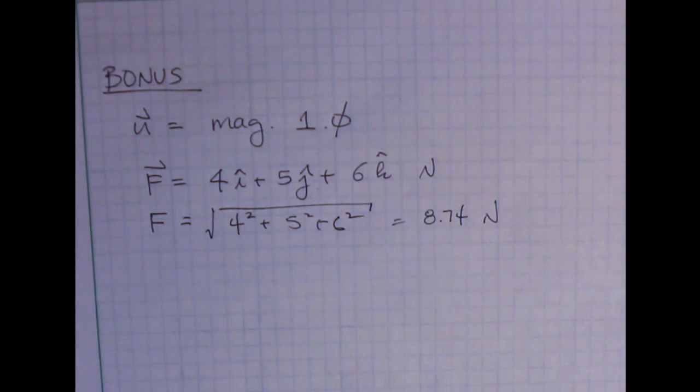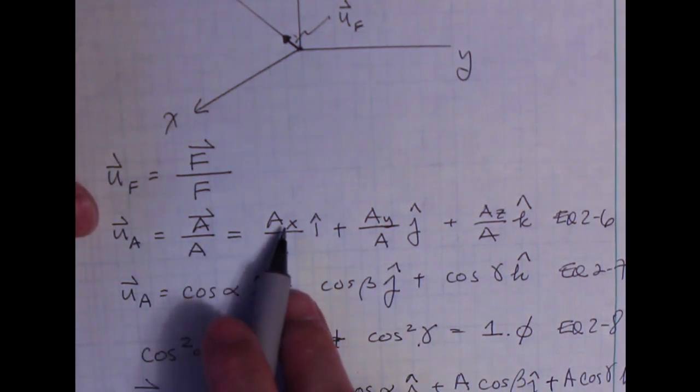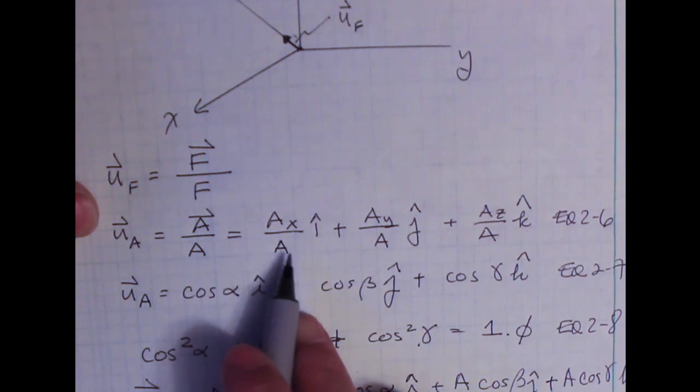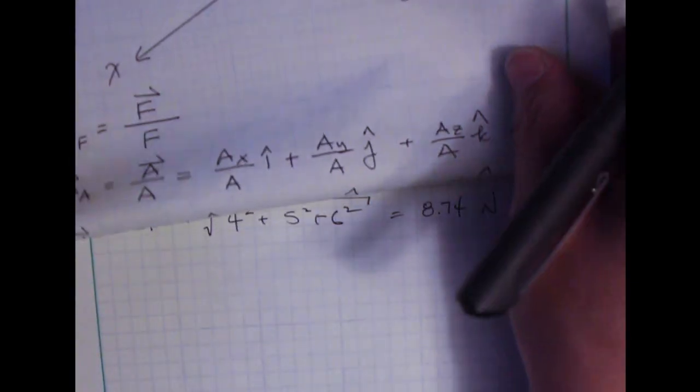We said that the unit vector is defined by each component x, y, z divided by the magnitude of that force vector. So let's write equation 2.6 for this force vector.